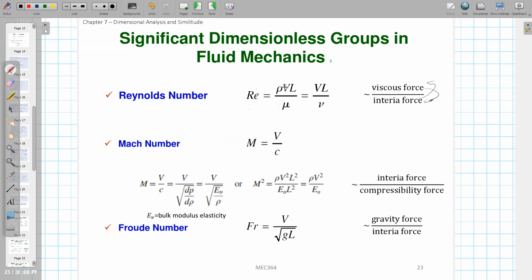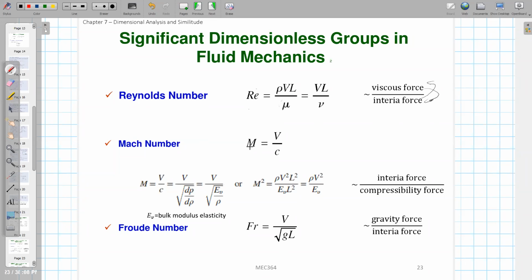But if your inertial force is much larger than the viscous force, even a very small disturbance in the flow field will not be attenuated by the viscous force, so the flow will become very chaotic. All right, so when the Reynolds number becomes large, the flow can easily become turbulent.